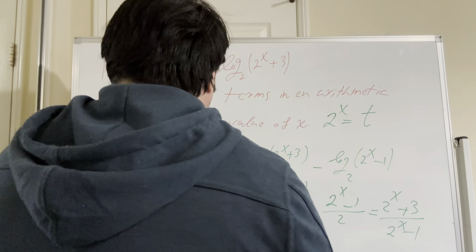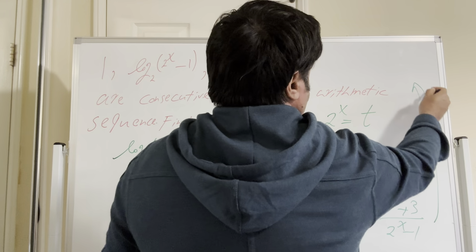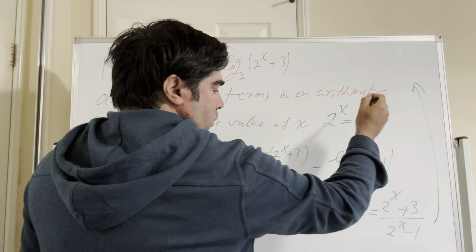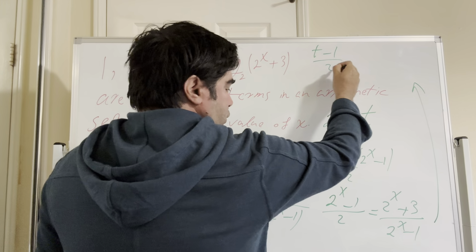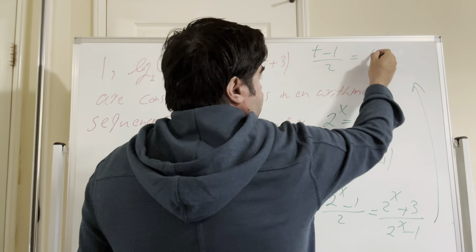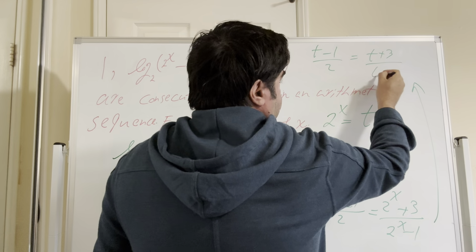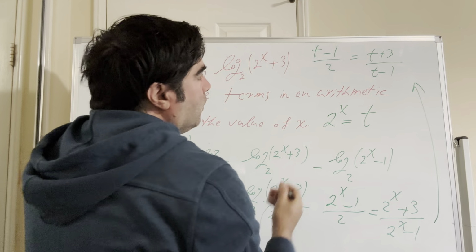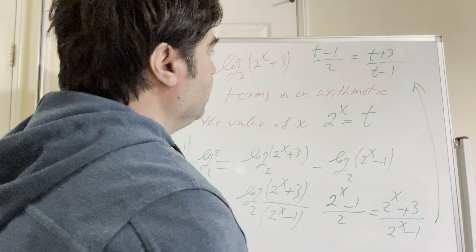So this is going to be t minus 1 over 2 equals t plus 3 over t minus 1. Now things look much simpler to solve.